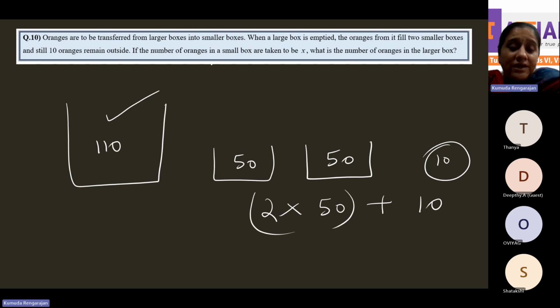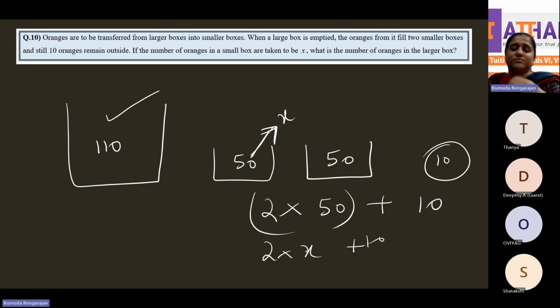So in the question, we don't know how many oranges are in the small box. So we take it as X. So it'll be 2 into X plus 10 or 2X plus 10.